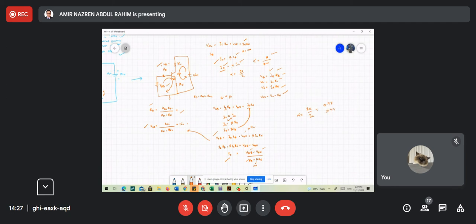So they are almost 1. If 1 times IE, we will get IE. Kalau kita tak assume IE equal IC, kita susah nak solve dalam base emitter punya calculations.